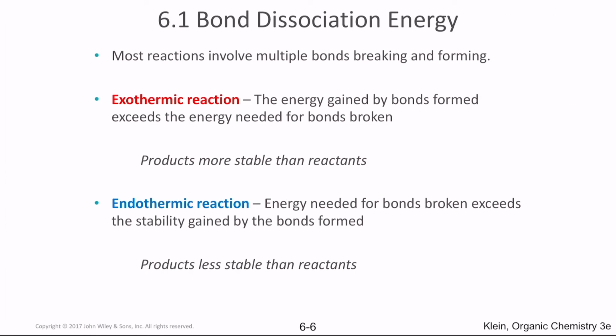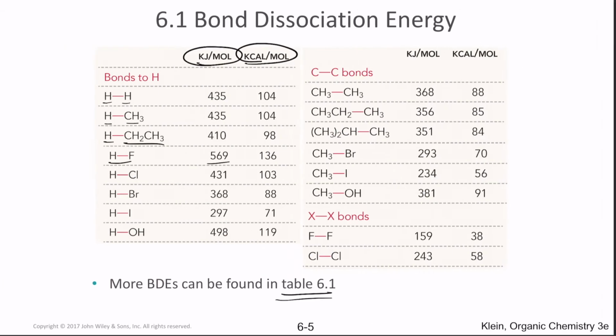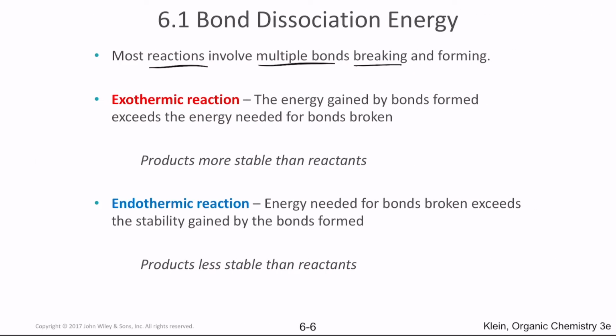Now most reactions involve multiple bonds breaking and forming. Now there are two types of reactions in general. One is called an exothermic reaction, the other is an endothermic reaction. So in an exothermic reaction, the energy gained by the bonds formed exceeds the energy needed for the bonds to be broken.